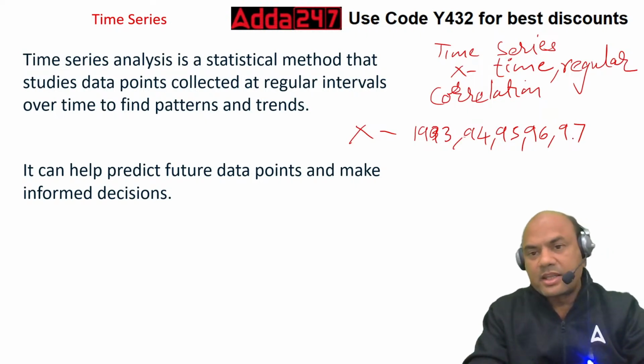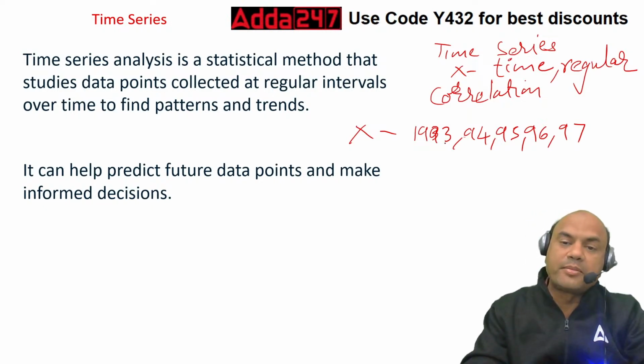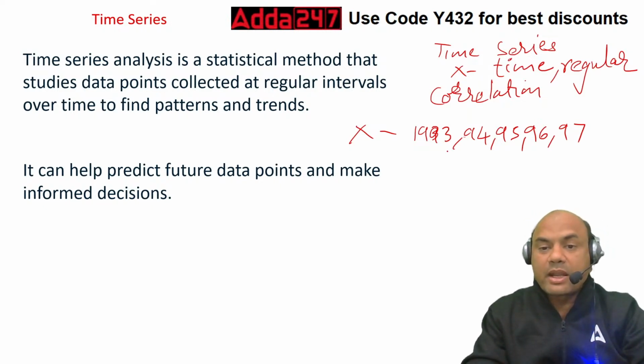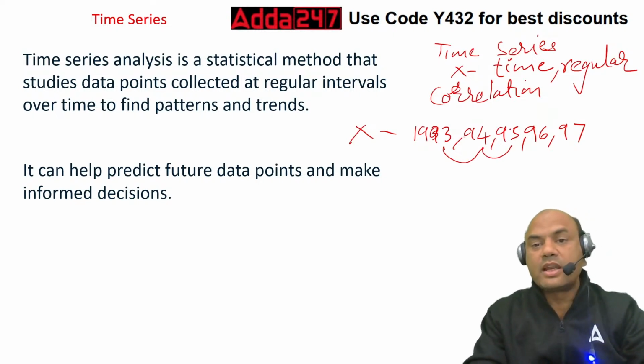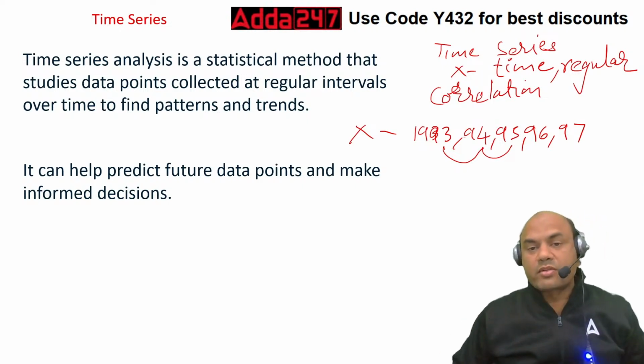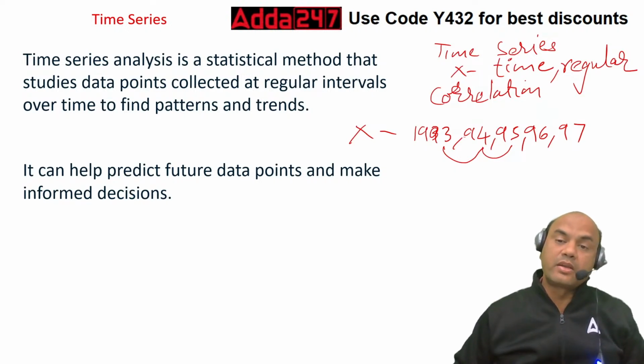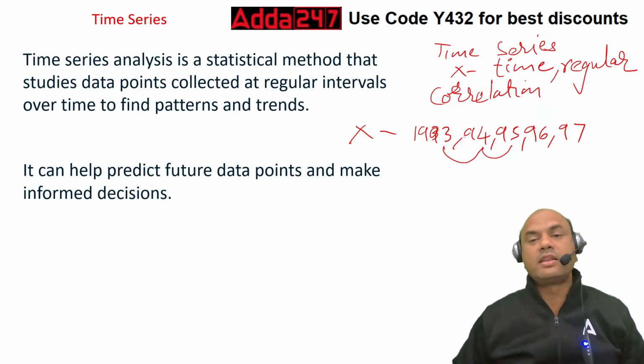See, is there any gap in between? Okay. So time series means X is having a regular pattern, difference of 1, 1, 1. It can be a difference of 2 also: 93, 95, 97, 99, anything. Or it can be 1 week, 2 week, 3 week, 4 week. But it should importantly be regular and time. Only then does it relate to time series.